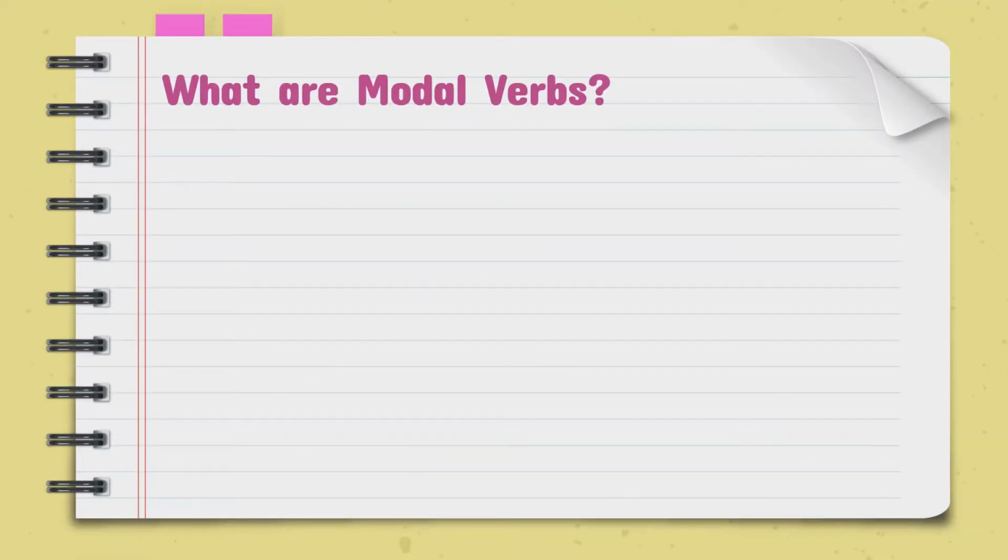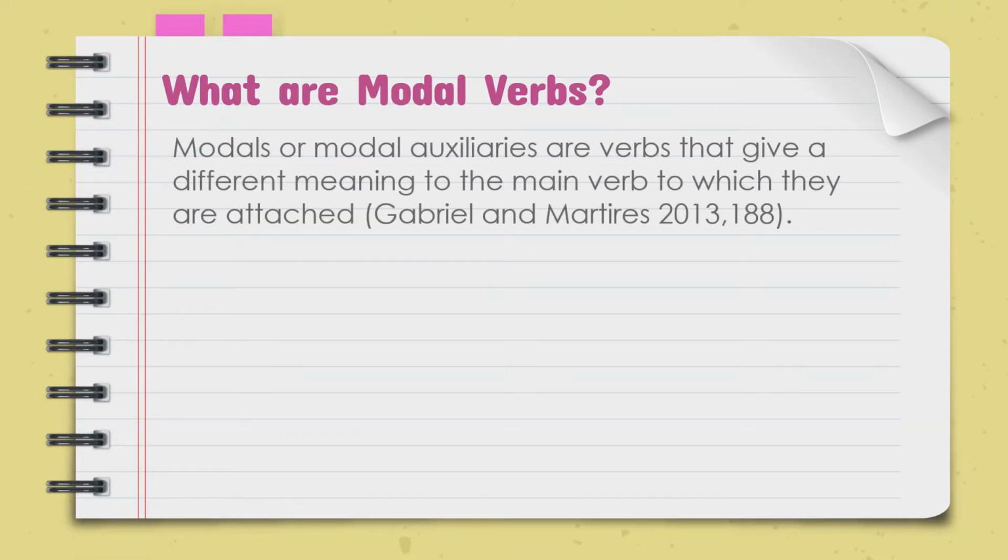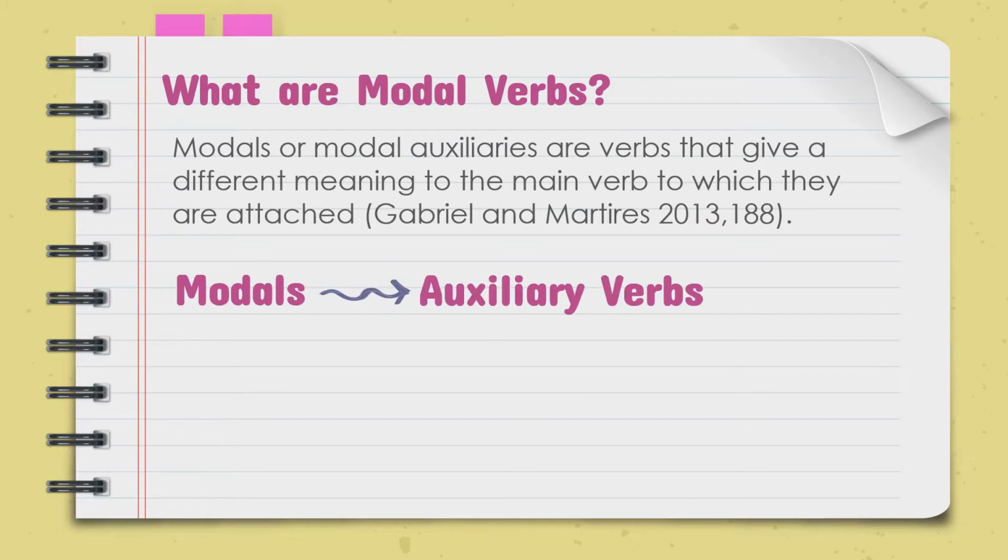What are modal verbs? Modals or modal auxiliaries are verbs that give a different meaning to the main verb to which they are attached. So, modals are a type of auxiliary verbs that help other verbs to show meaning.